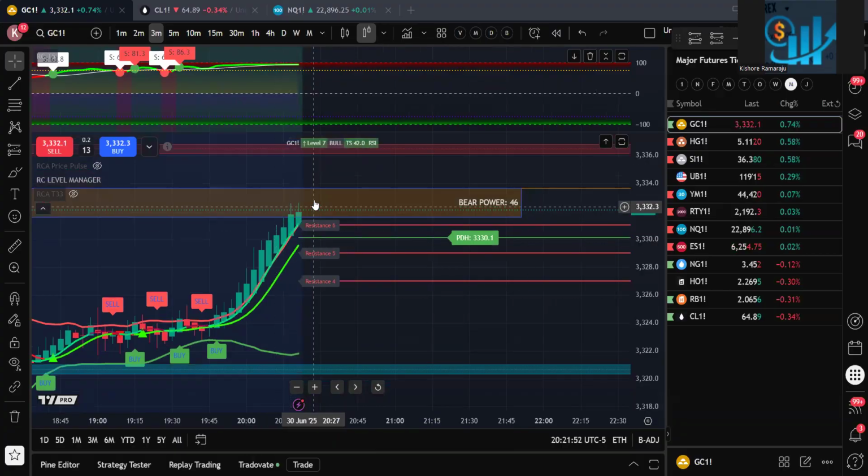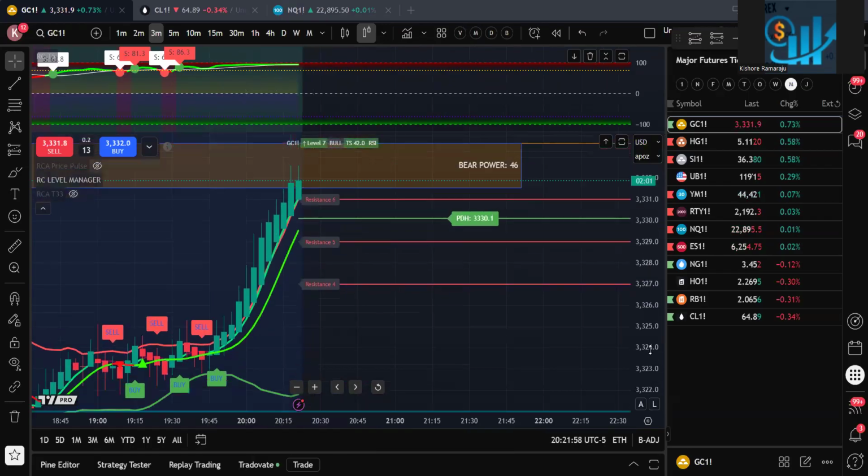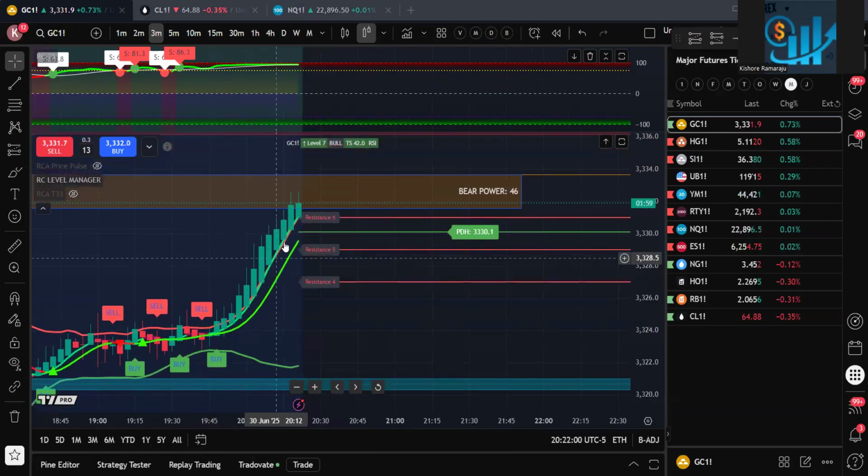It will look at the highest, lowest, take the average, and show the candle based on that. So as long as you see these candles green, you don't take the short. When you see a red candle, you have to wait for the candle to close. Then you know the trend is changing.